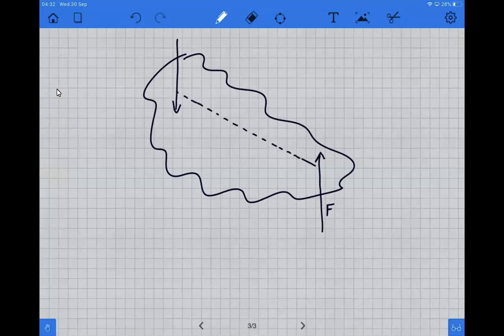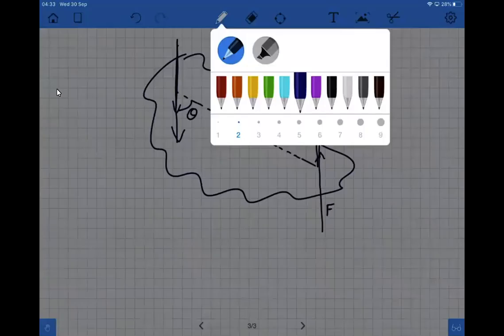For example, this distance D is given, and the angle of D with this force or the other force would have been given. So these are the two forces. For example, this angle is theta, and they ask you to calculate torque of the couple, and they have given you the wrong distance. The distance must be perpendicular.